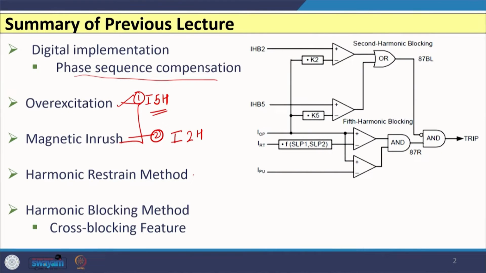To obtain that we have seen two important methods, one is the harmonic restraint method and second is the harmonic blocking method.